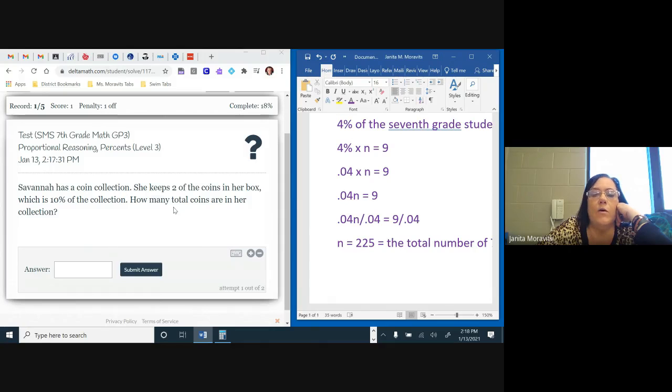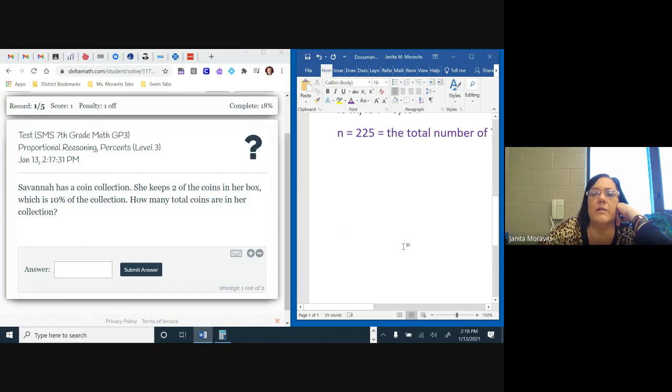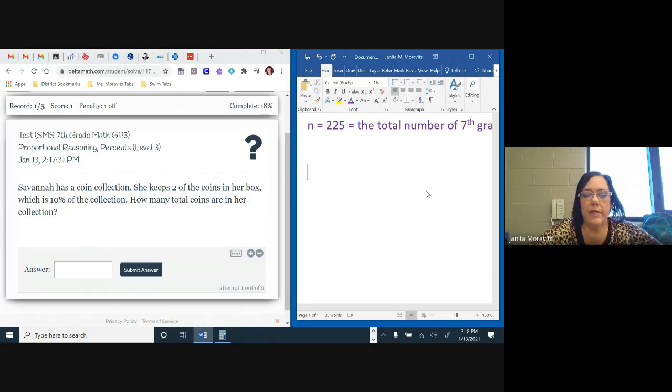So let's see if that holds on this one. We don't need to write all this down, and we can just say 2 divided by 10%. Let's see what that looks like over here. Let's do it over here and just kind of show you how that works. So we could say 2 divided by 10%. Now, what do we need to do to that percent?